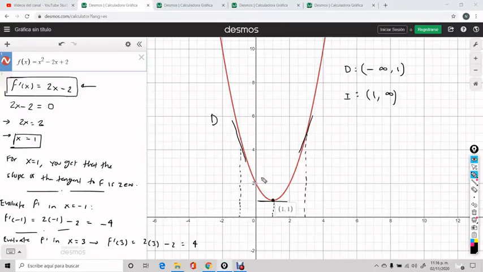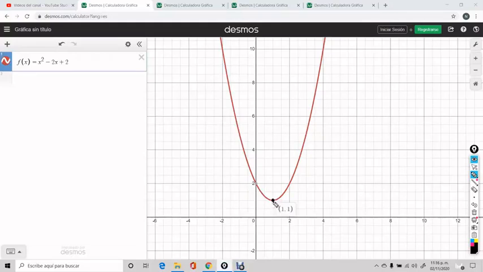Basically, you get the turning points. You get the possible turning points. Okay, in this case, it's just 1. There you have it. This is your turning point. And basically what you have to do is evaluate the derivative to the left and to the right of such turning point.